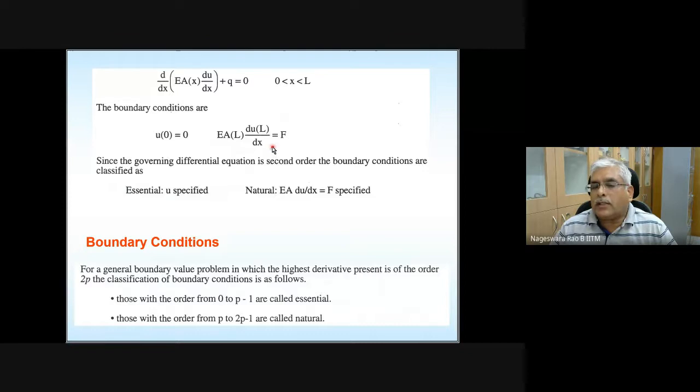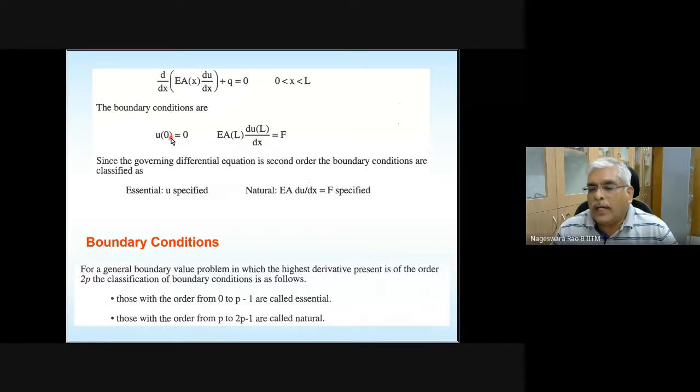Those two conditions also we obtained by observing carefully the given problem, and we have written the two equations. And please note that usually these two conditions, this is 0th order and this is first order.